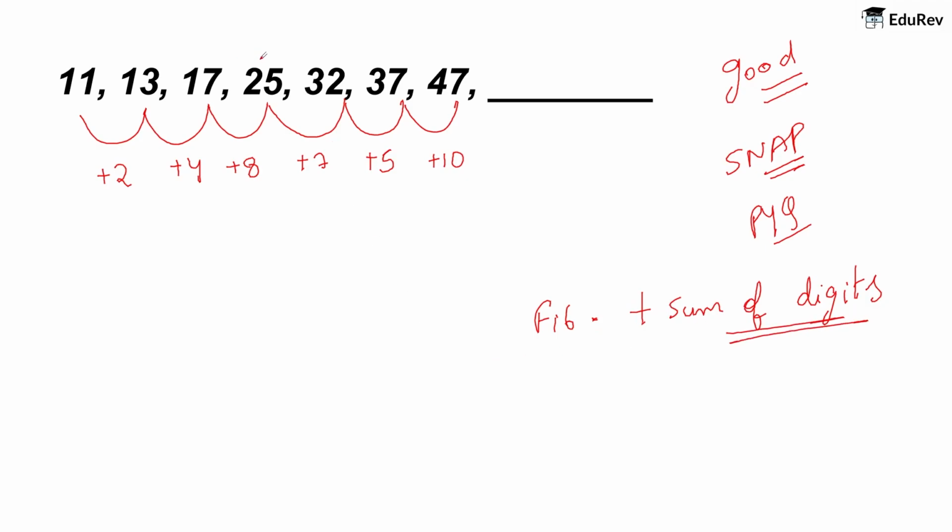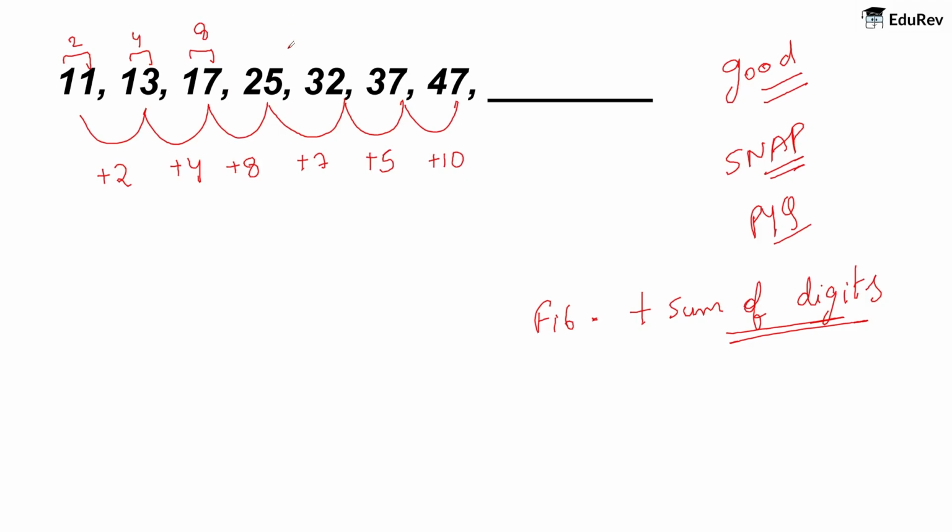What I mean to say is if you observe these digits carefully, which are added every time, these are nothing but the sum of digits of the previous number. Like this is plus 2 and 1 plus 1 is also 2. Similarly, 17 is arrived at by adding 4 to 13, and 13 is 1 plus 3, that is 4.